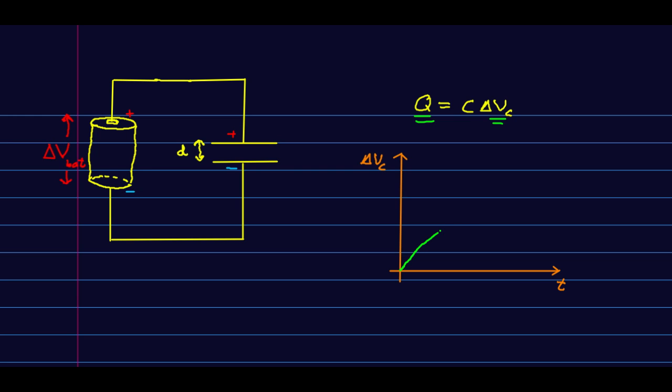It turns out the curve looks something like this. We're not going to worry about that, though. The only important thing here is that delta V is increasing as the charge increases. And so eventually, we wind up with the full, whatever final charge Q we have on the plates.